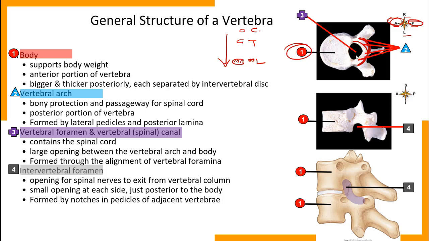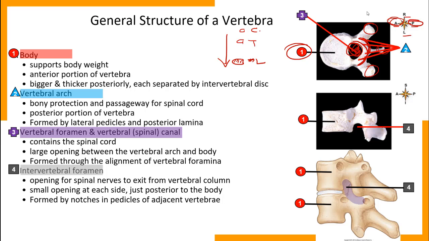And then the third component is the hole or the foramen, and it's called the vertebral foramen because it's the hole in the vertebrae, and that's where the spinal cord goes through. You can also see that as part of the arch, you've got these processes, these parts that jut out, and I'm going to talk about that in a bit.